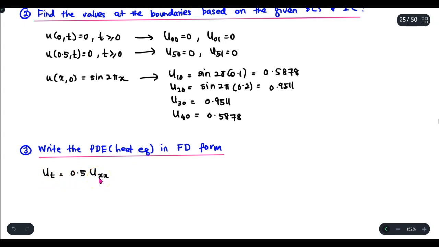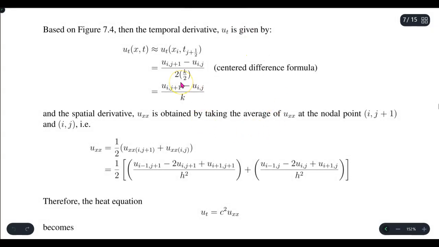In the previous discussion, we have seen the formula that we need to use for u sub t and uxx. If I can show slightly here, this is what we have before. For u sub t, we need to use the centered difference formula, but we evaluate at tj plus half.